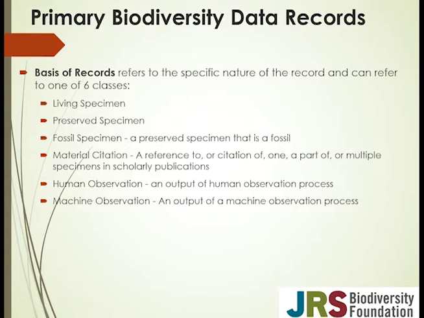Basis of record is the fourth attribute. It refers to the specific nature of the record and can refer to one of six classes. First is the living specimen, that is a specimen that is alive. Preserved specimen, a specimen that has been preserved, for instance, a plant on a herbarium sheet, or cataloged lots of fish in a jar.